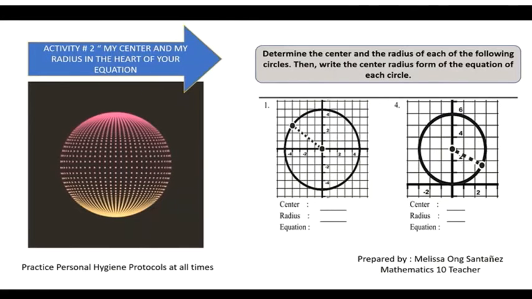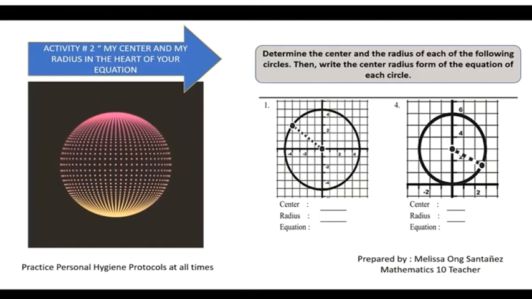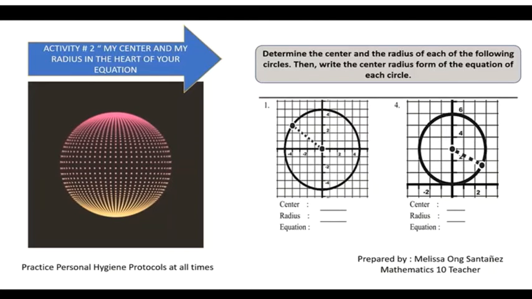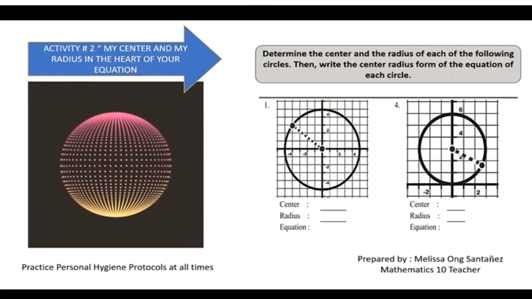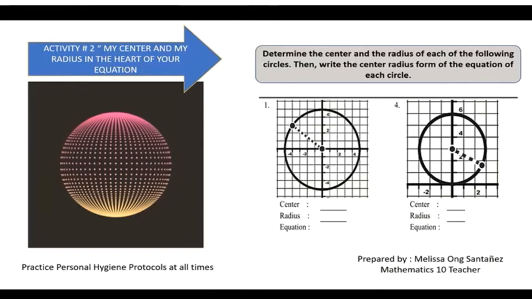Your r is 3, so that will be 3 squared. Or simplifying it, 3 times 3 will give you 9. So your final equation will be x squared plus (y minus 3) squared is equal to 9. Are you following?